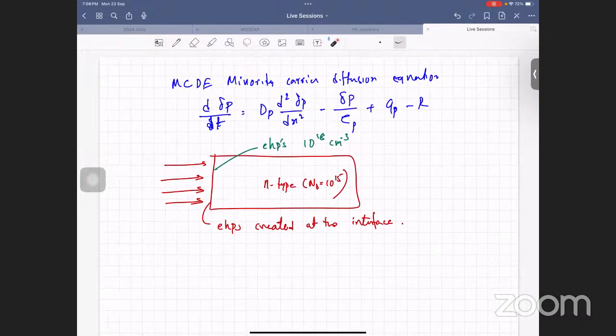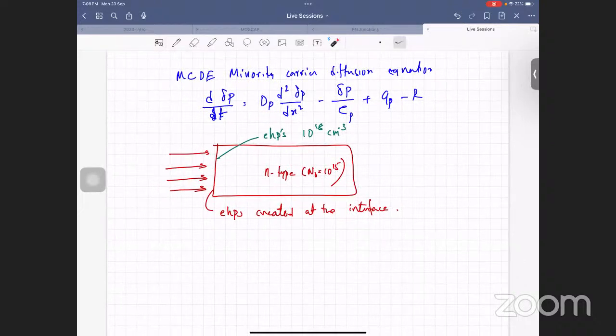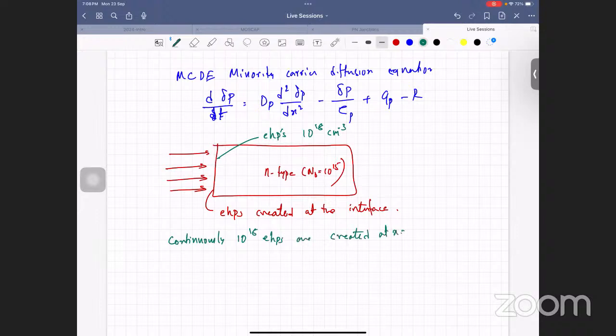Let's solve this equation, and let's assume that we create continuously a steady state. Continuously you're creating EHPs, 10 power 18 EHPs, at x equal to 0.